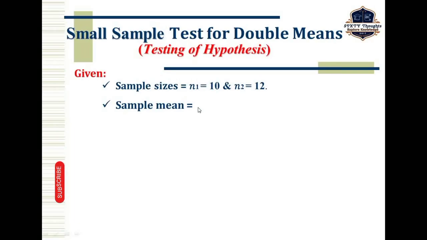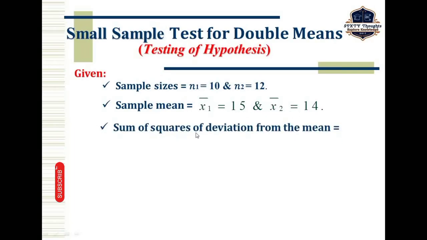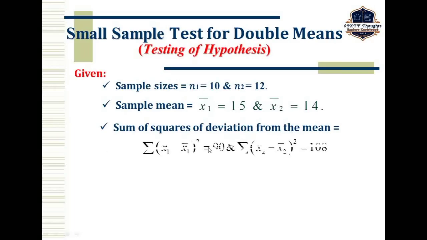Here we have two different sample means, x1 bar equal to 15 and x2 bar equal to 14, and also the given sum of squares of deviations from the mean: sum of (x1 minus x1 bar) whole square equal to 90 and sum of (x2 minus x2 bar) whole square equal to 108. So these are the given values, right? Using these values, we are going to write step number 1.